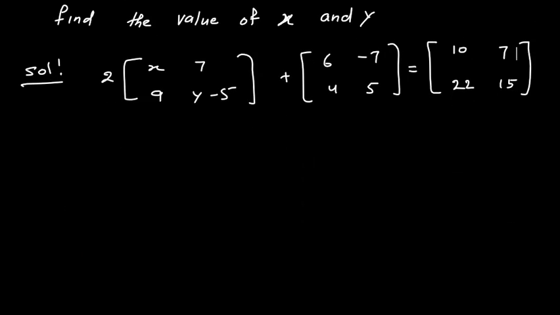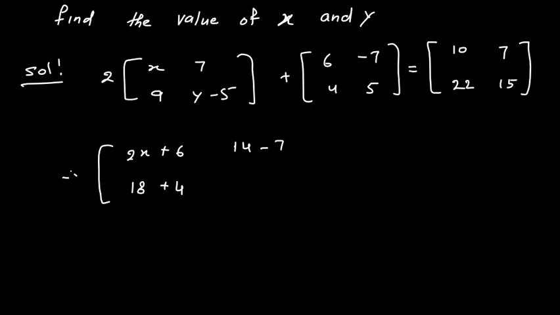Now 2 times this matrix plus this, so when we multiply by 2, we will get 2x plus, here we have 6, then the second term will be 2 into 7 is 14, minus we have 7 here, then 2 into 9 is 18, and then we have plus 4 here.